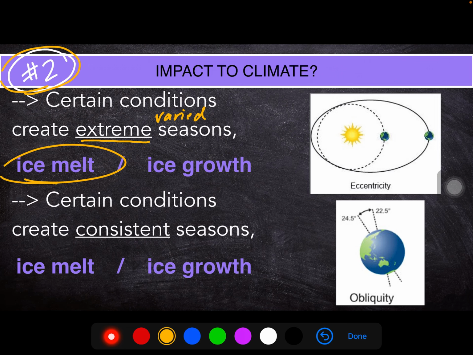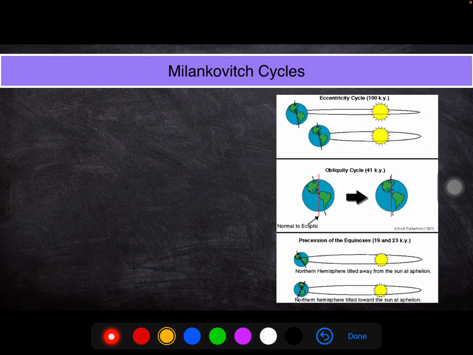So again, we mentioned the extreme being the ellipse and also the greater Earth tilt. Now there are certain conditions where they are more consistent throughout the year, giving seasons less change in between. That's when we see times of ice growth. So again, these two statements would be perfect for your number 2, as this is our M cycle impact to climate. Parts of the cycles melt ice and parts of the cycles grow ice.